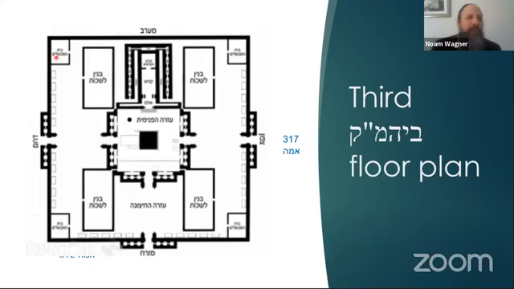Now, in the third Beis Hamikdash, on the four corners of the Ezras Nashim, they will have four, what the Navi calls courtyards. They're 40 amas long by 30 amas wide. What is their purpose?